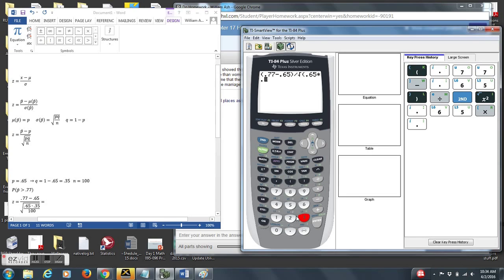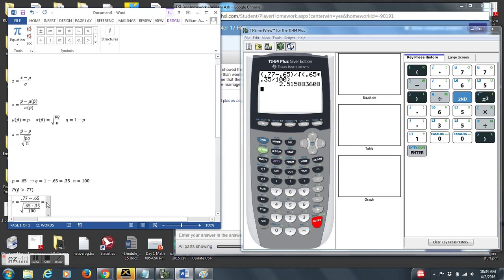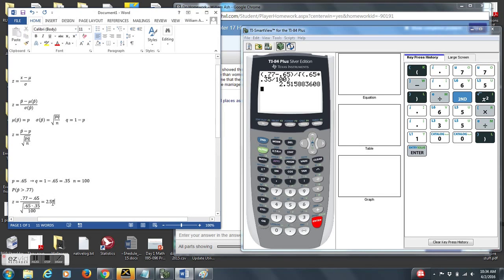I get 2.52. Like I said, I did it all at once, but if they ask specifically, that down on the bottom is your sigma p hat, and that right there is your mu p hat. But again, I just put it all together, and I get that for a z-score.